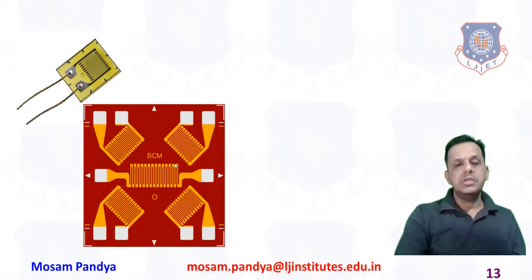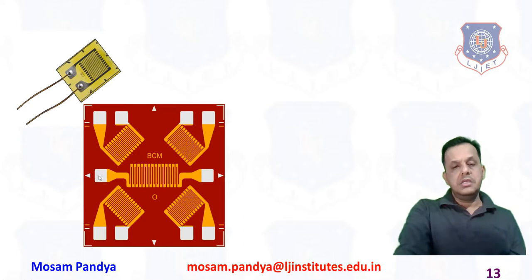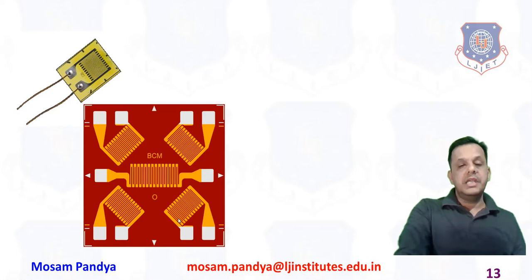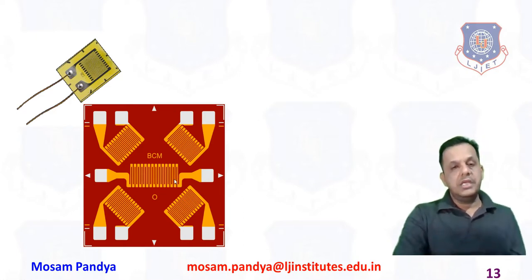See, here I am showing you the combination: 1, 2, 3, 4 and 5. So these are multiple measurements. They can be the 4 arms of the Wheatstone bridge, and another can be used for calibration. So any combination you can find, and you see the actual foil type strain gauge looks like this in this picture, where the actual leads are soldered with the fat end of the metal foil.